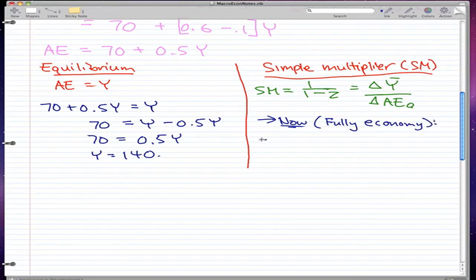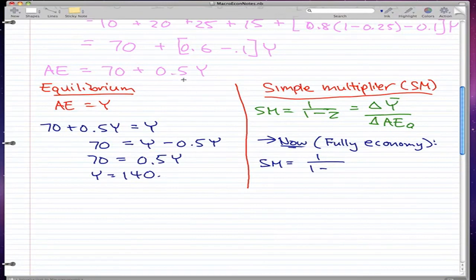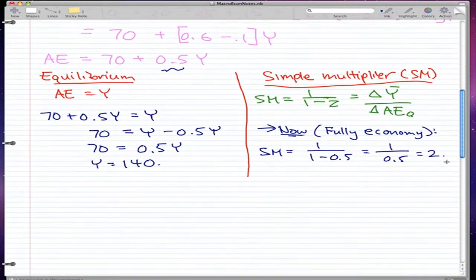Everything is included. So we have SM equals 1 over 1 minus z, where z would be 0.5 as we calculated, so we plug in 0.5 and we get 1 over 0.5, which is 2. So our simple multiplier is 2.